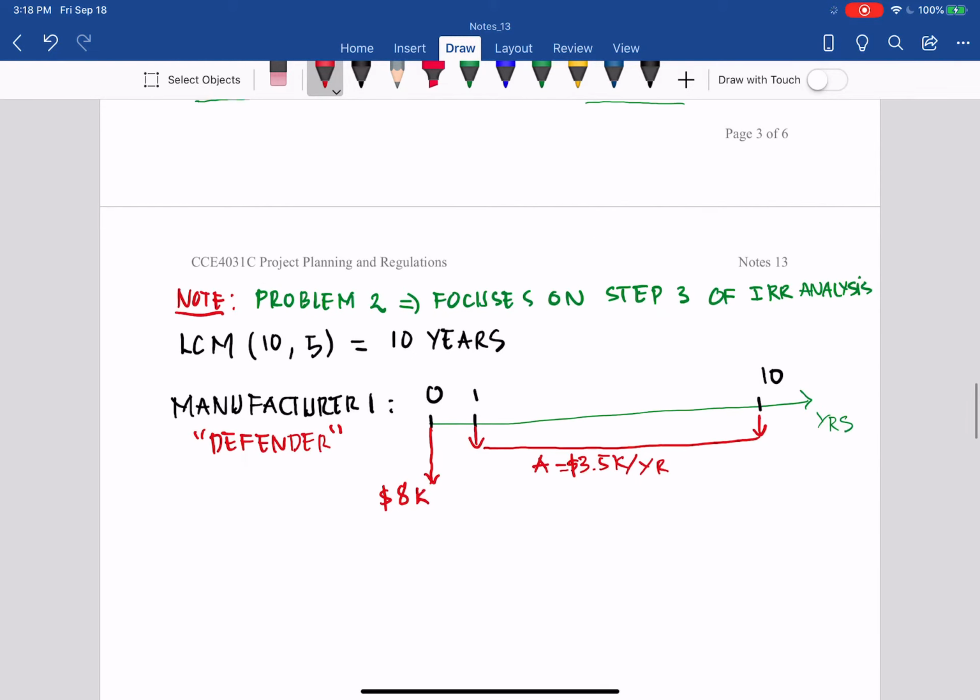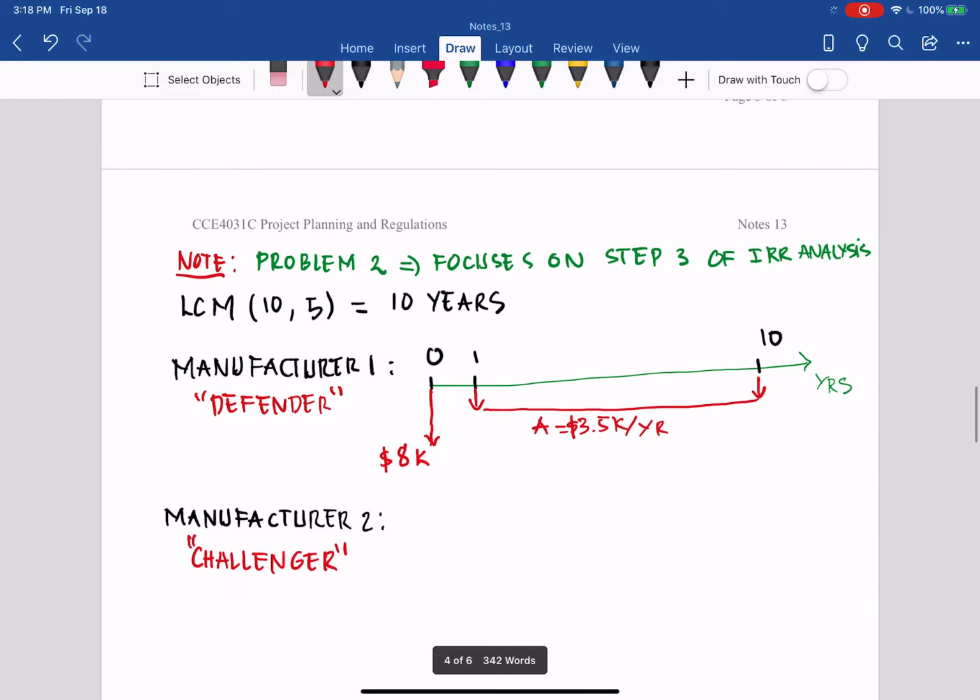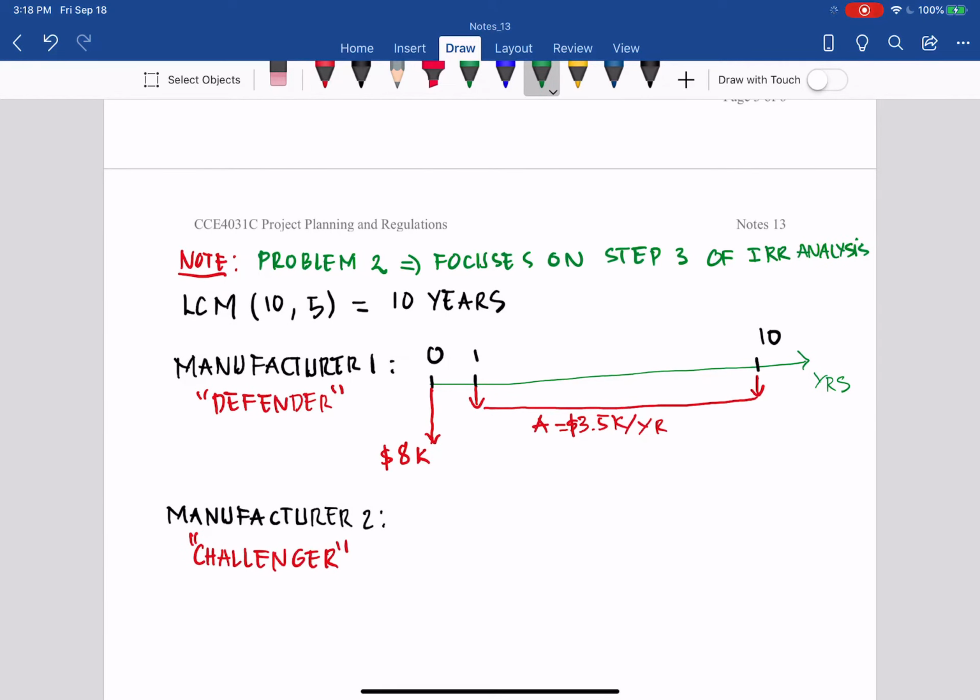Similarly, we have manufacturer 2, the challenger. And draw the cash flow diagram with 0, 1, 5, 6, and 10.